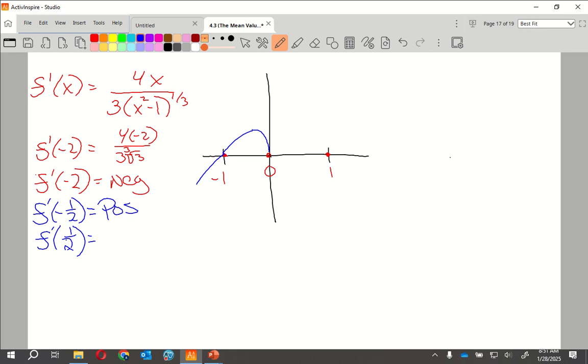Because the top, negative's on top. I'll write it. So 4 times negative 1/2 over 3.